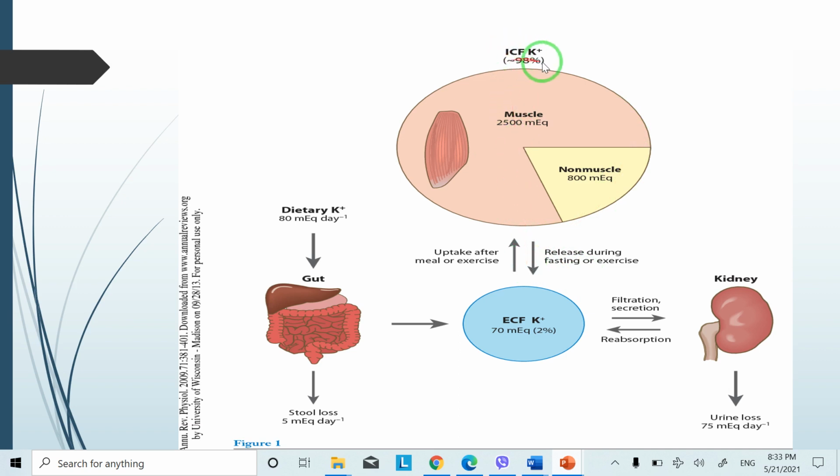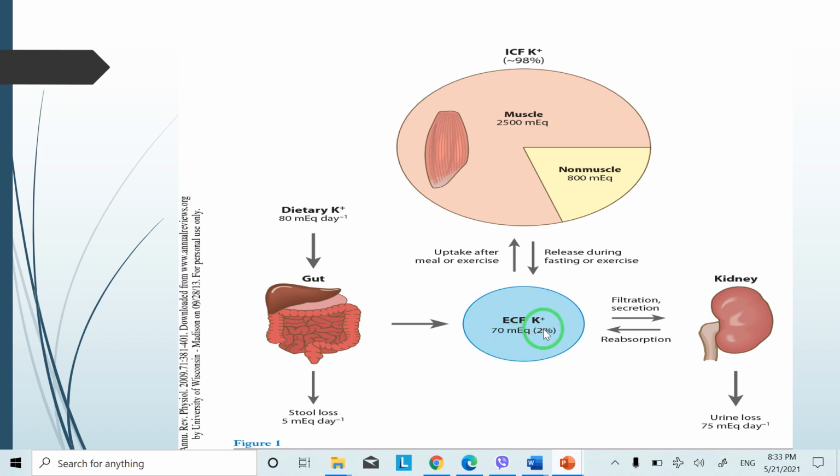This is the intracellular compartment, which holds about 98% of the potassium. It is found inside the cell, whether muscle or non-muscle cell. We also have a small quantity, about 2% of the total potassium, in the extracellular fluid, and there will be exchange to maintain this potassium within the 2%.